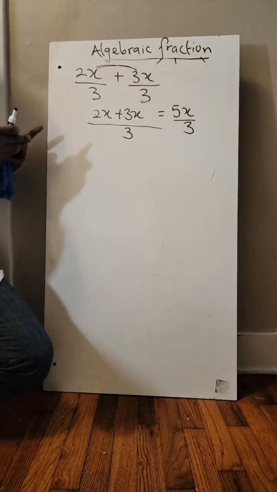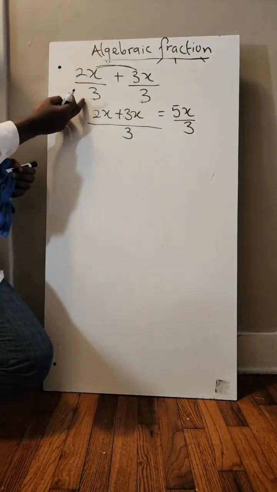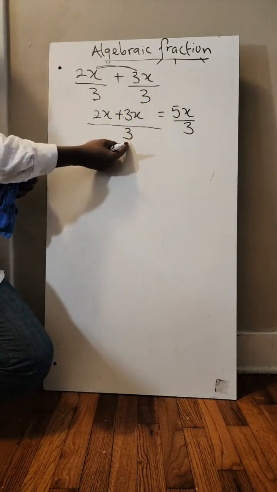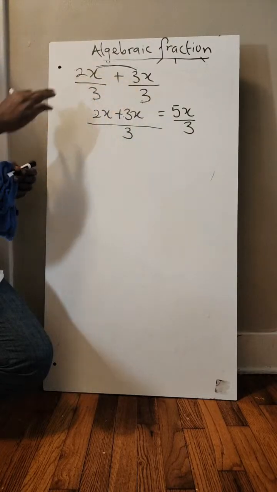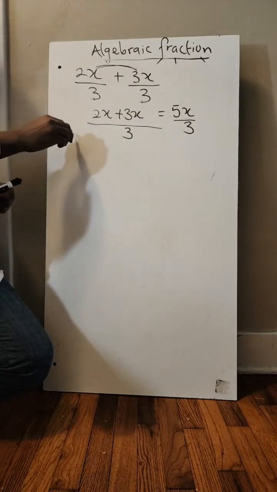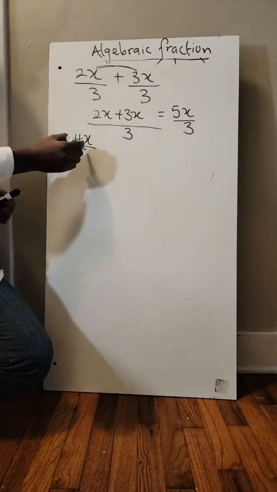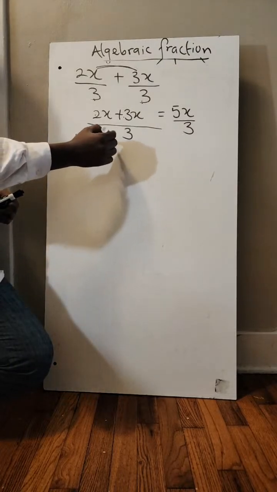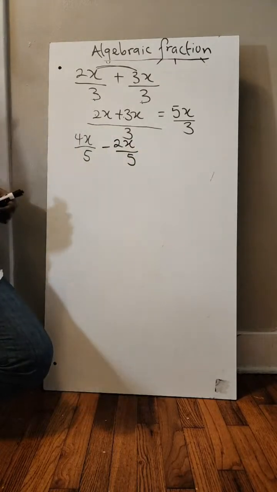So what I'm trying to say here is that when you have two fractions with the same denominator, just write out the denominator and you can add up the numerators. This is rule number 1, which makes it very easy. The same thing can be done when you have subtraction. For example, we have 4x over 5 minus 2x over 5.